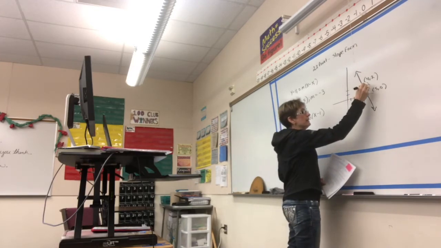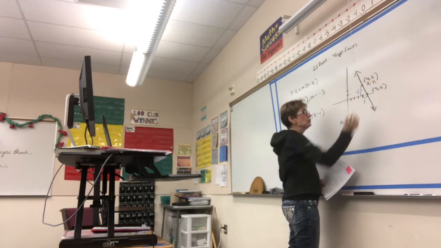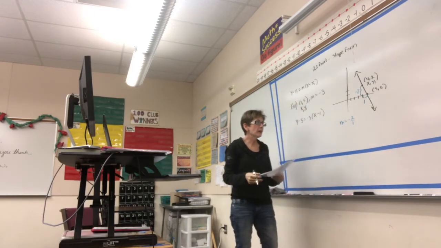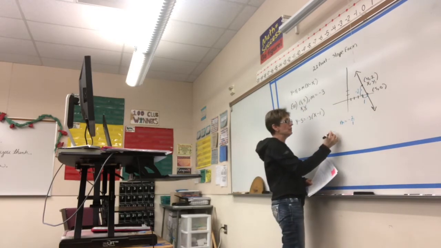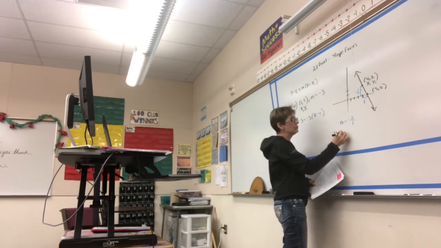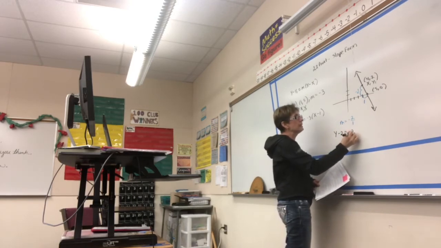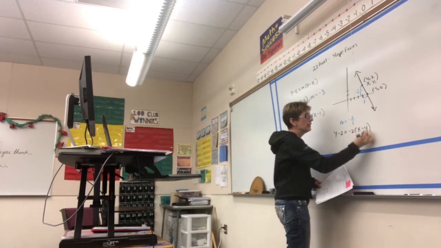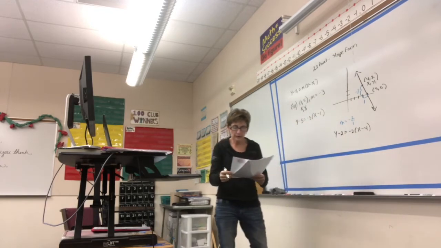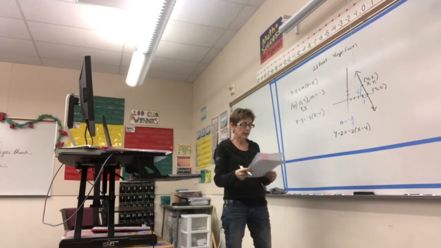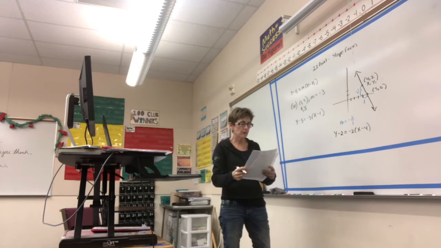So I'll label my 4 as my x1 and my 2 as my y1. Now that I know the slope is -2, I'm just going to write y minus 2 equals -2 times the quantity x minus 4. So now I've just written the equation in point slope form of the line that's on that graph.